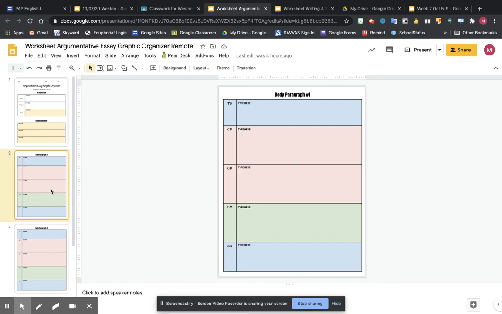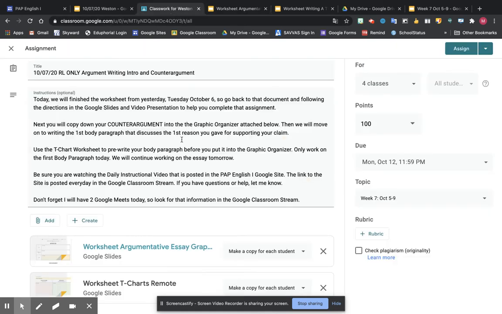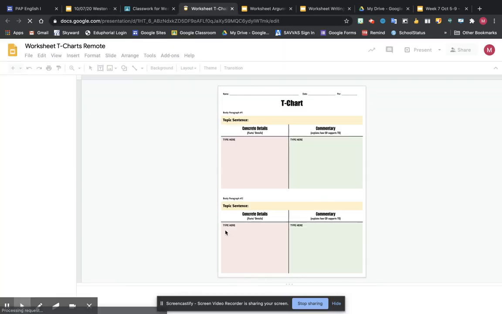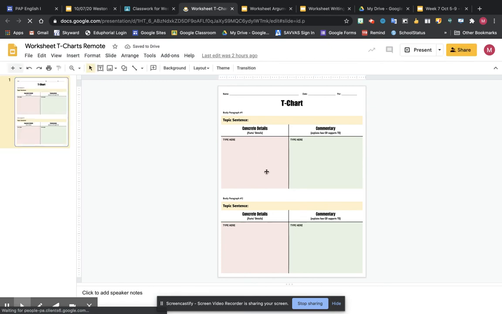And before we get on to the next page, which is the body paragraph, we're going to need to open up our T-chart. Our T-chart is going to help us pull together our information, and all we have to do then is transpose it into our graphic organizer. So you have a claim.